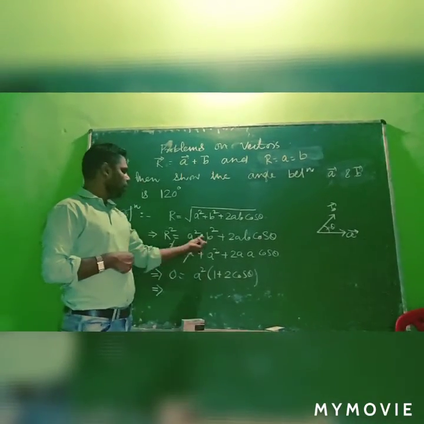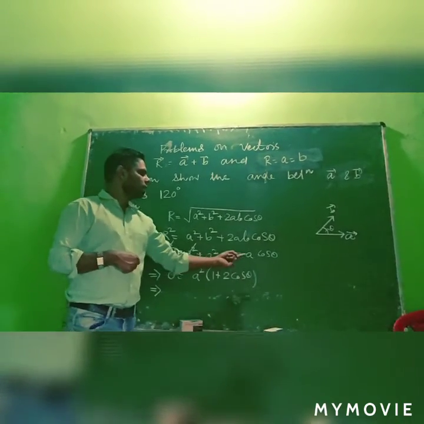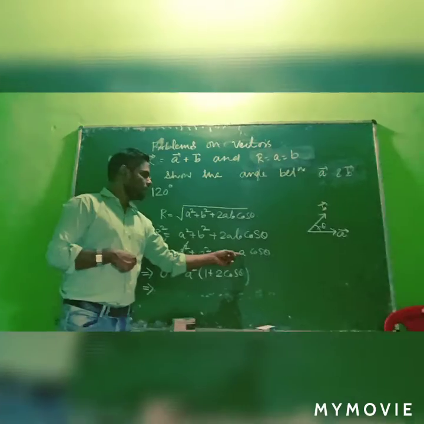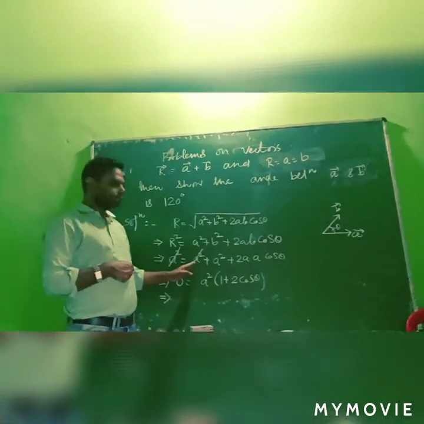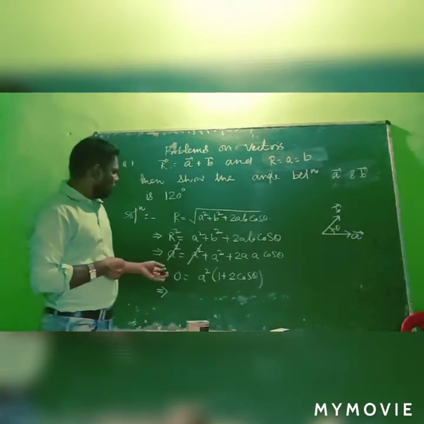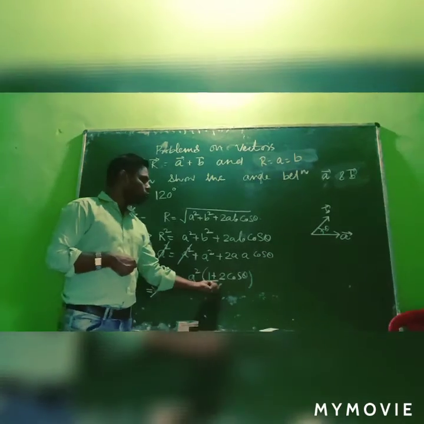So putting the value of b as a, we get a square equal to a square plus twice a into a cos theta. So left hand side a square, right hand side a square, get cancelled. Very simple algebra now. The left hand side becomes 0. If you take common a square, then you will have 1 plus 2 cos theta.